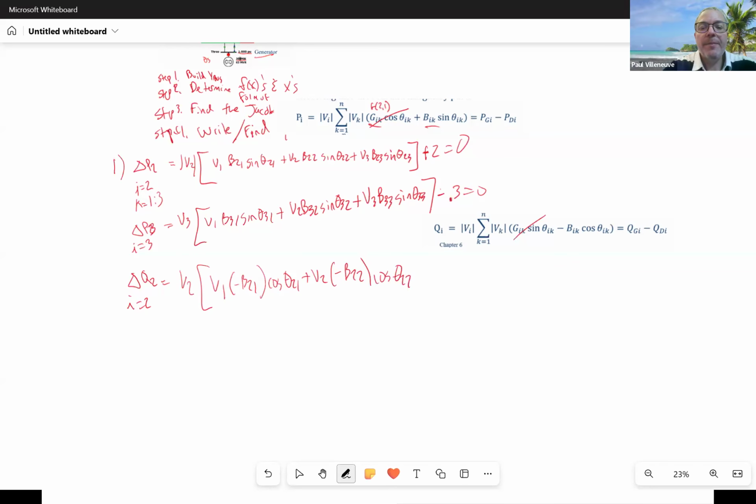Cosine theta 22 plus V3 times minus B23 cosine theta 23. Now I subtract from that or I add to it the power demanded, which I think was 1 per unit reactive power, and that's going to equal 0.